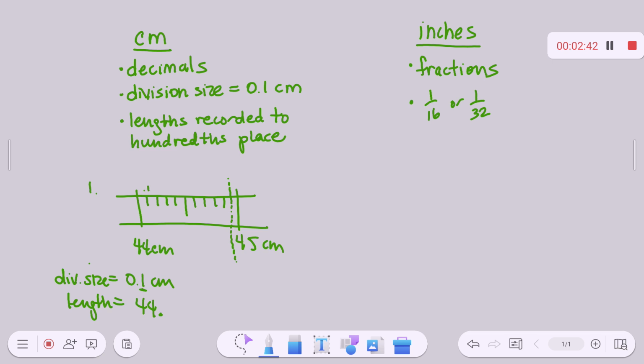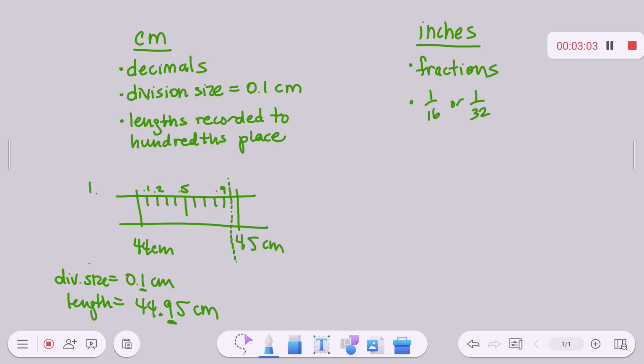Yeah, this is 0.1, 0.2, 0.3, 0.4, 0.5, 0.6, 0.7, 0.8, 0.9. So 0.9, and you put a 5, so you're certain to the 9 where the 10th place is. Your estimated digit is the 5, and then you put centimeters on the end. Okay? If you fell on the division, it would just be 44.90.